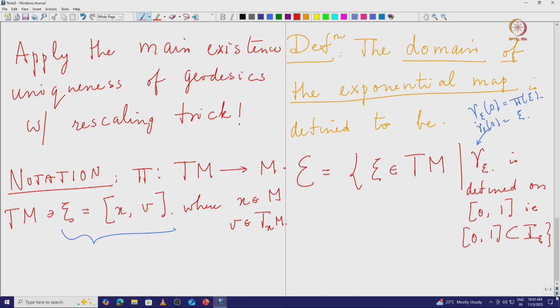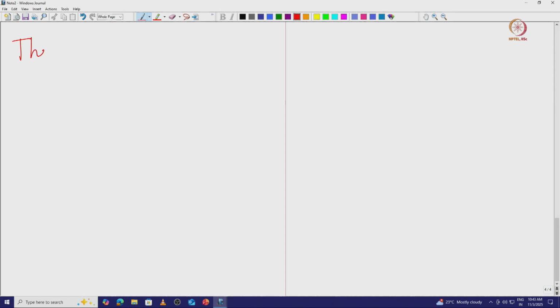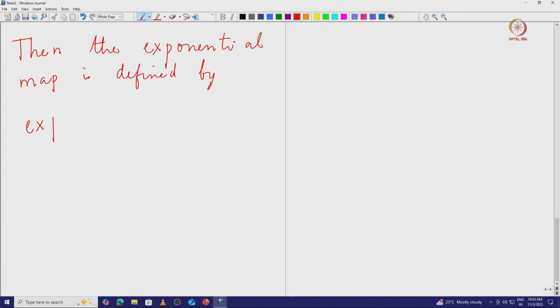And then the exponential map is defined by, so the exponential map of xi is precisely the value of gamma xi at 1, or the image of the time 1 under gamma xi.